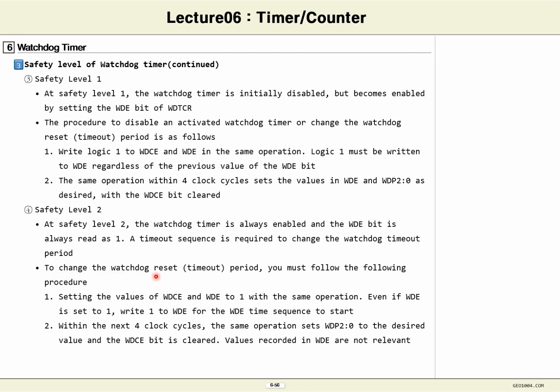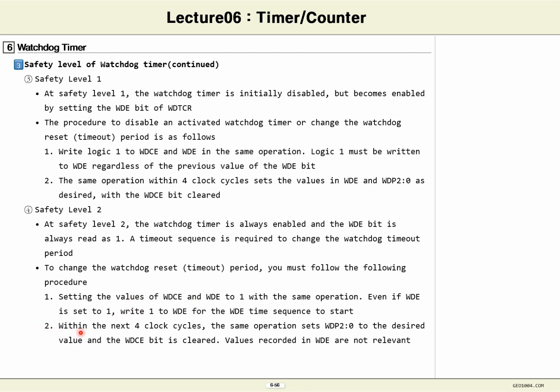To change the watchdog reset timeout period, you must follow the following procedure. First, 1 must be written to the watchdog change enable and watchdog enable bits in simultaneous operation. In this operation, even though watchdog enable already reads 1, 1 must be written to the watchdog enable bit in order for the timed sequence to start.